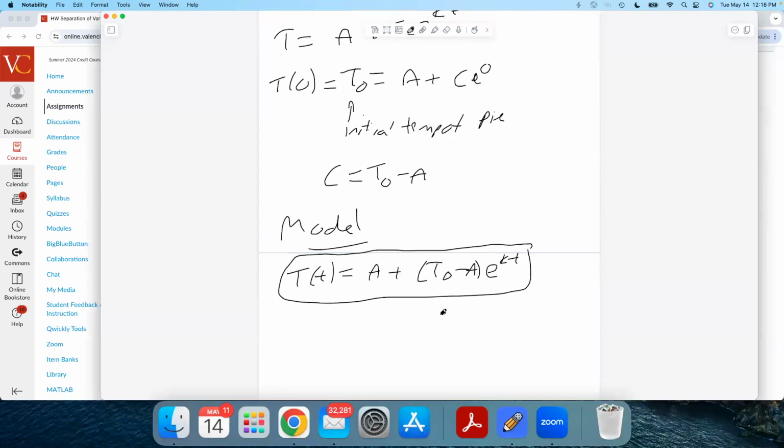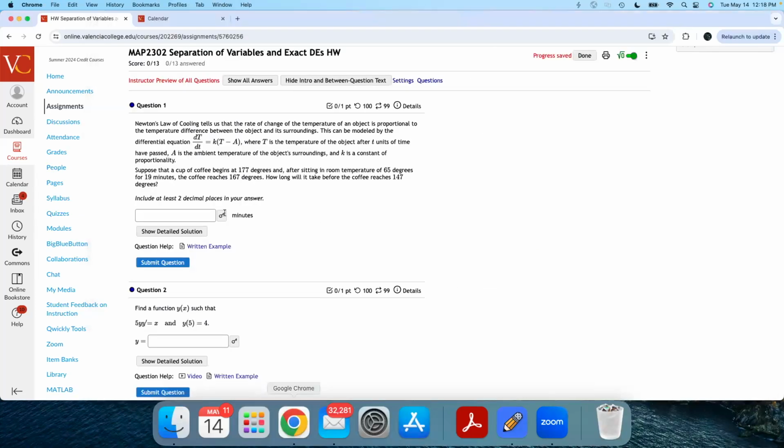Now we're going to use this to solve for K first. I know my T naught right there, the initial temperature of the coffee. Here it's coffee instead of pie. There's A, the ambient room temperature. Now we're given a point. After 19 minutes, the coffee has dropped to some new temperature.